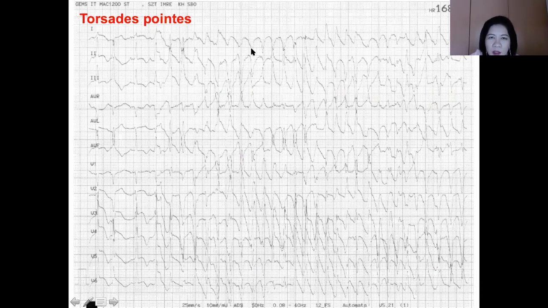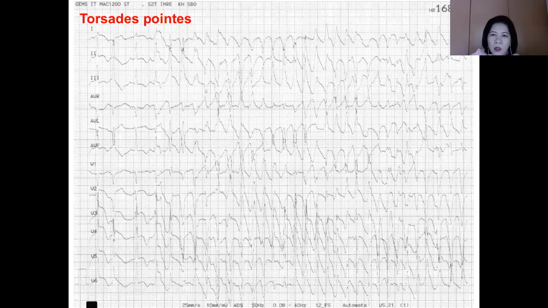This QRS is negatively oriented. And look at this one, now it becomes positively oriented, and again it will become negative, and then positive. So it's like it's twisting, so that's torsade de pointes.